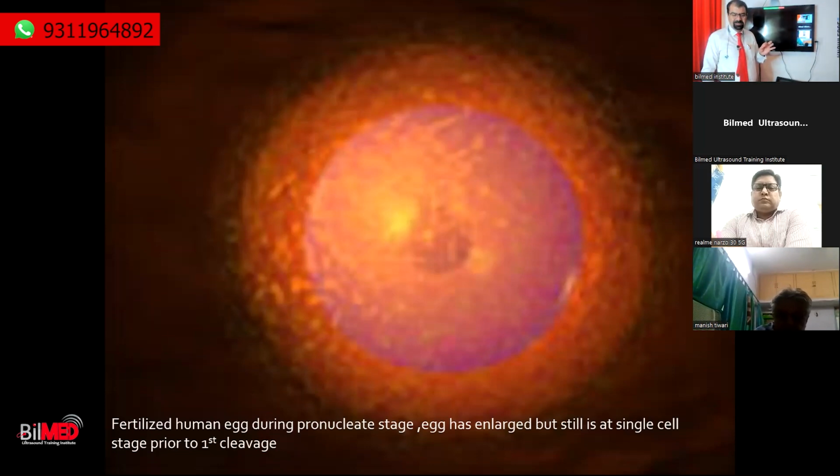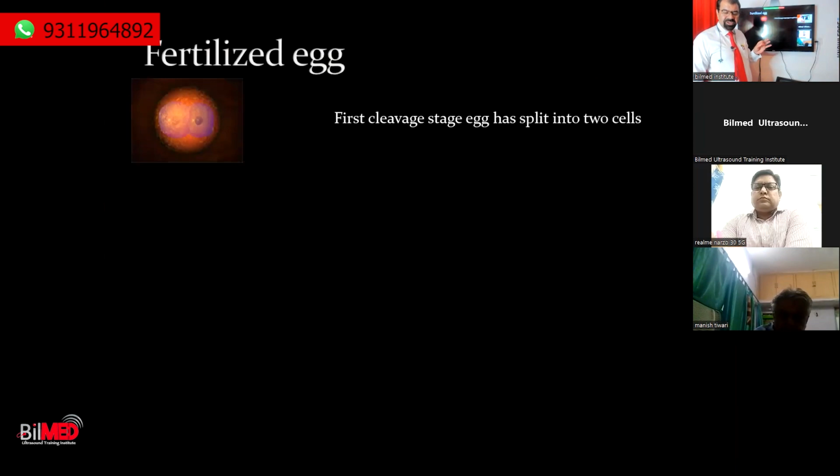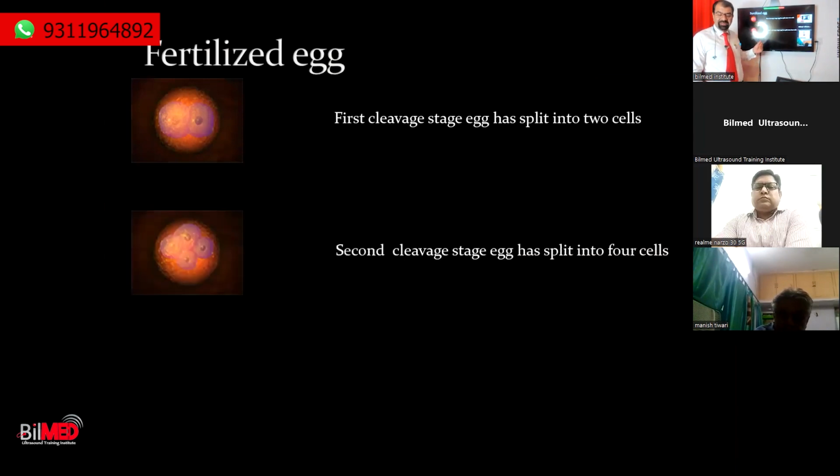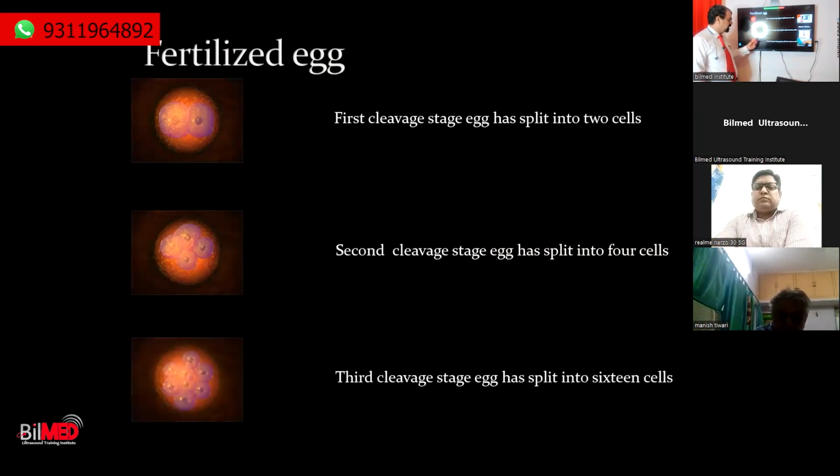Then comes the first cleavage, in which the egg splits in 2. Then the second cleavage, where the egg splits in 4. Then the third cleavage, where the egg splits into 16 cells.